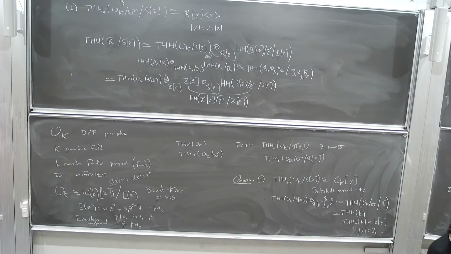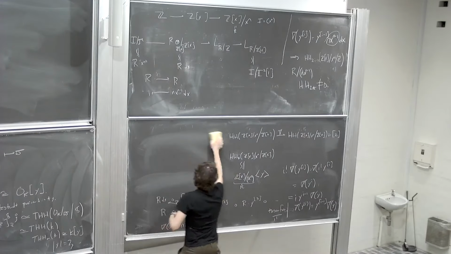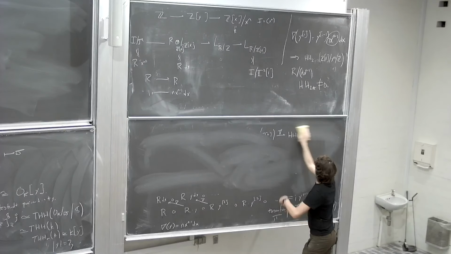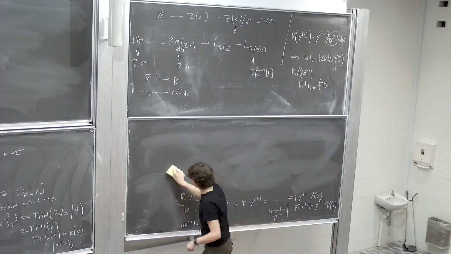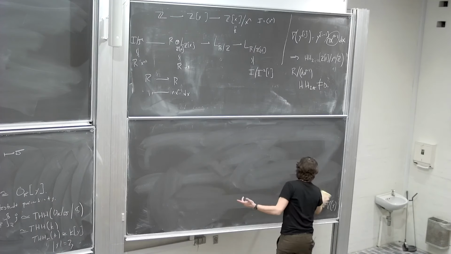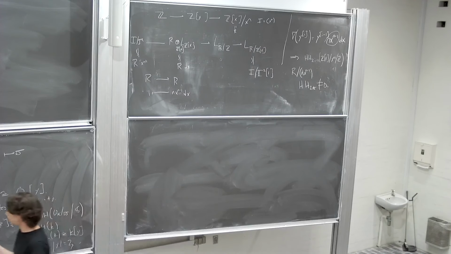Okay, so very briefly, let's redo a little bit of what we've done here. We've just computed the relative THH, and what's the feature of this? The point of going to this relative case in both the Hochschild homology calculation and this THH calculation is that we managed to get ourselves into an even situation.